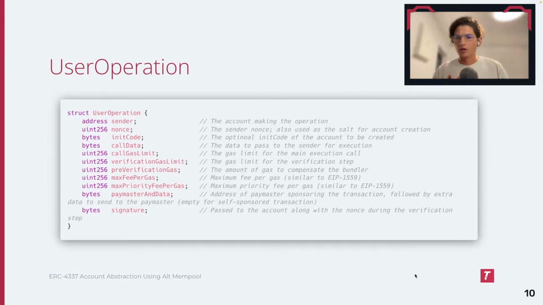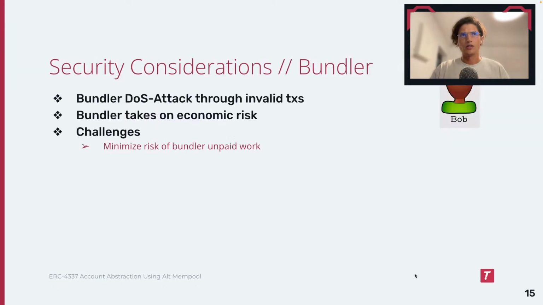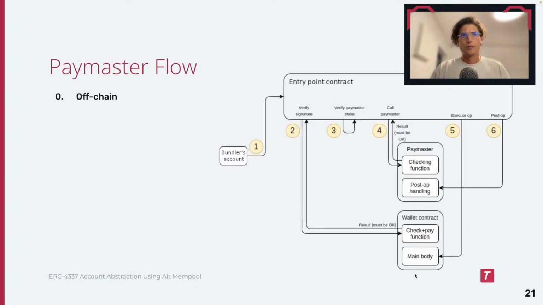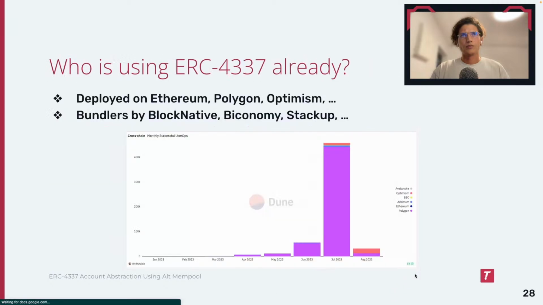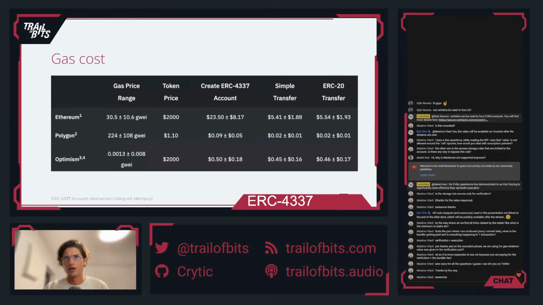But one more thing I wanted to say, the transaction gas cost that I showed, let me go to that slide. So the gas costs here, I'm not entirely sure, but I'm pretty sure, I assume that these are without any bundler fees, because those can be arbitrary.